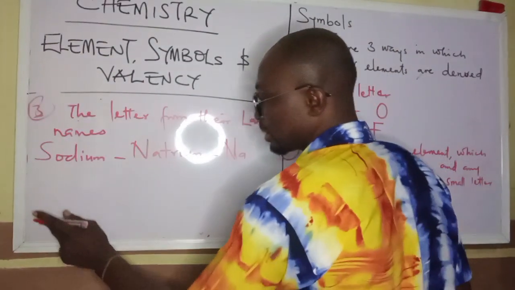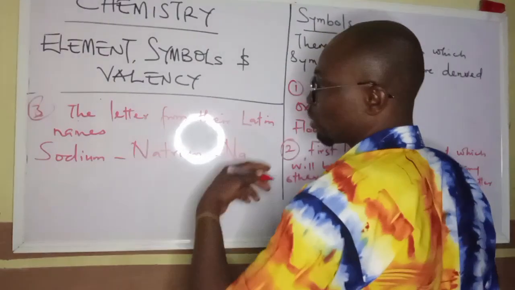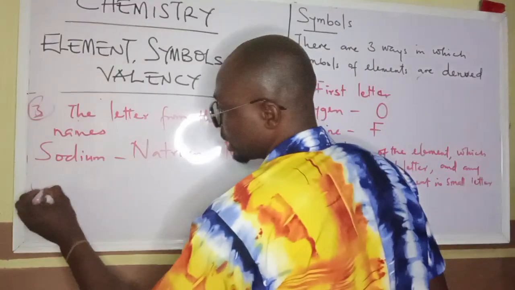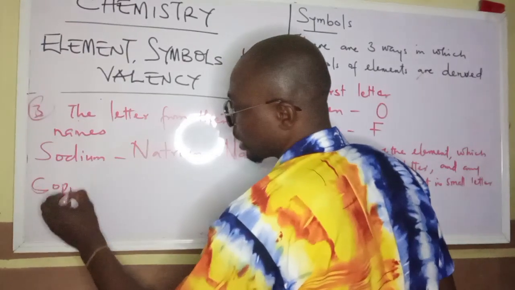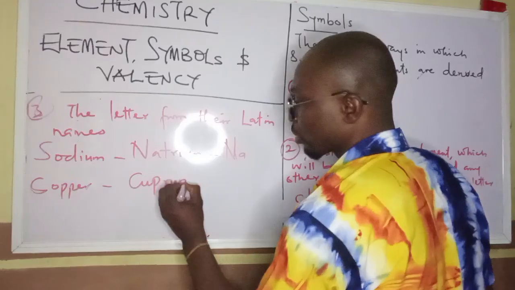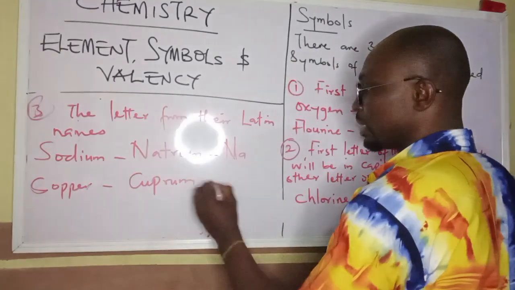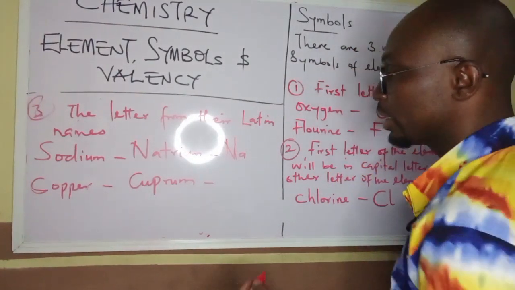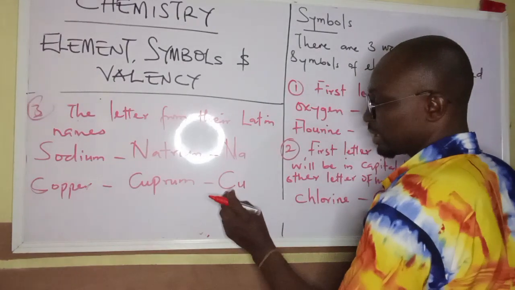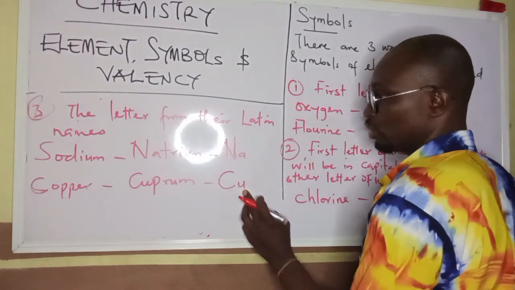Now, another element which is peculiar in having a different symbol from its name is copper. The Latin name for copper is cuprum. So the symbol will be Cu, that is capital letter C and small letter u.